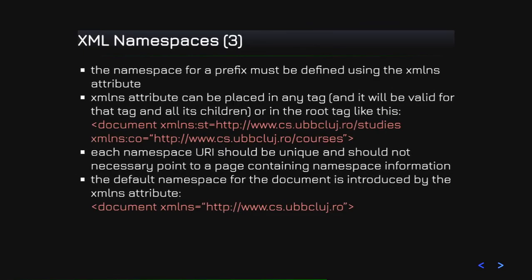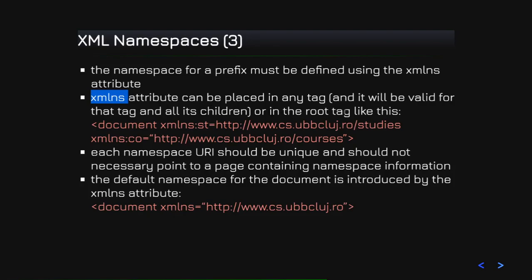I've already told you the information that is present on this slide, but let's quickly review it. So the namespace for a prefix must be defined using the XML NS attribute. The XML NS attribute can be placed in any tag, in which case it will be valid for the children of this tag, the successors of this tag, so the children and its children.